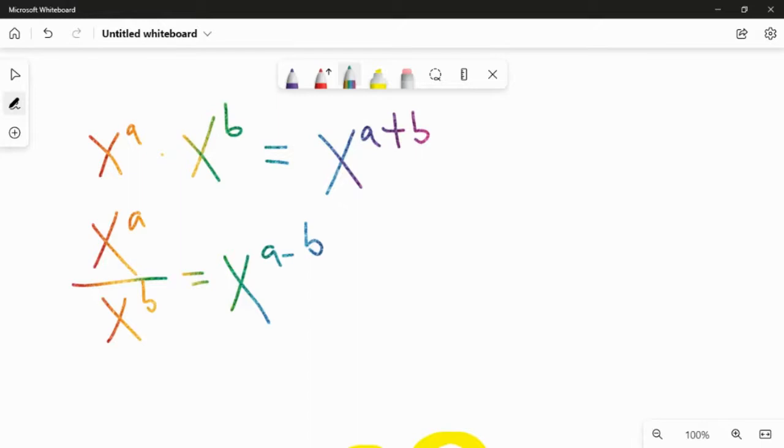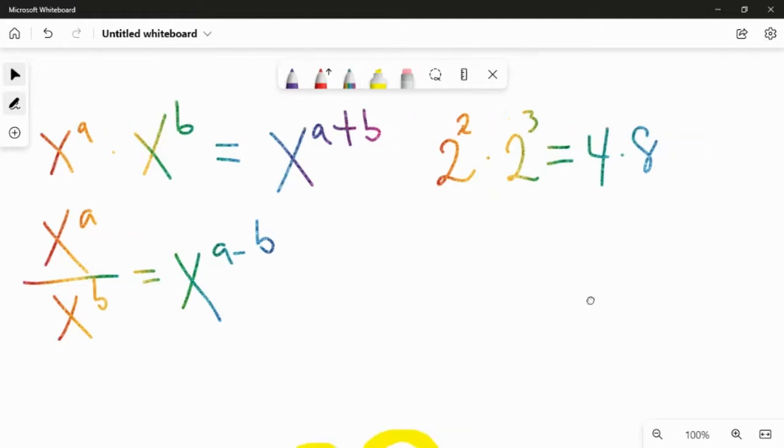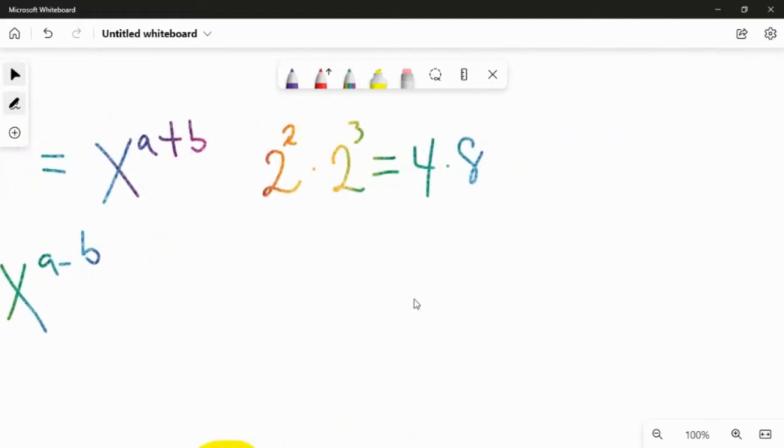And this is nothing to memorize because you can do a simple experiment. For example, 2 squared times 2 cubed. We all know this is 4 times 8, which is 32. Everyone can easily understand.